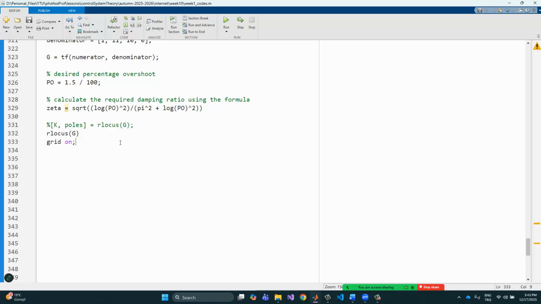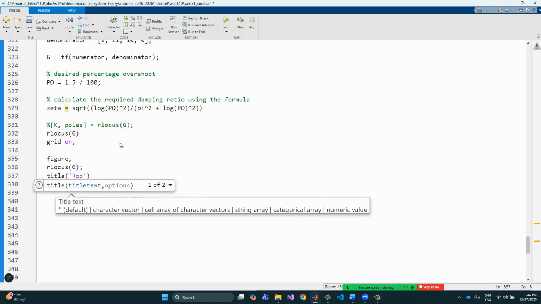So how we can draw the what? The zeta lines in here. We can draw also zeta lines at this graph. But we can use the figure, the rlocus g values in here, the title of root locus with zeta line.